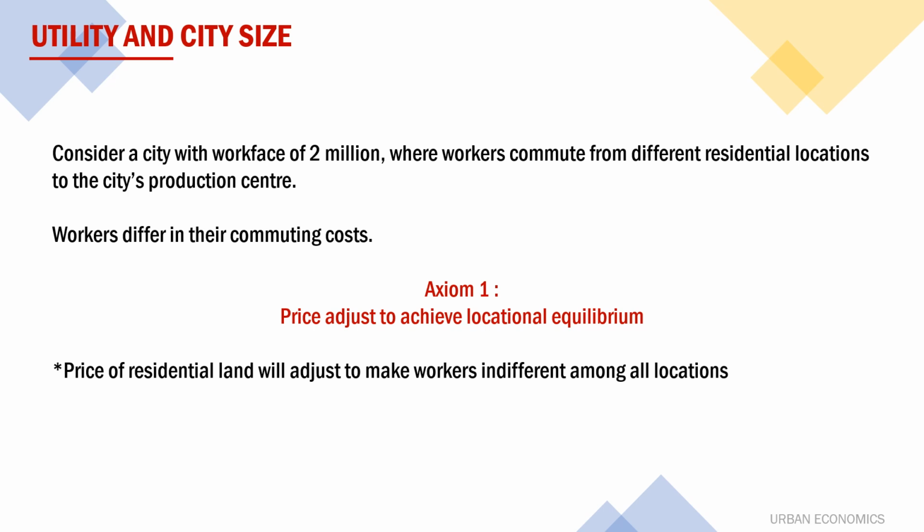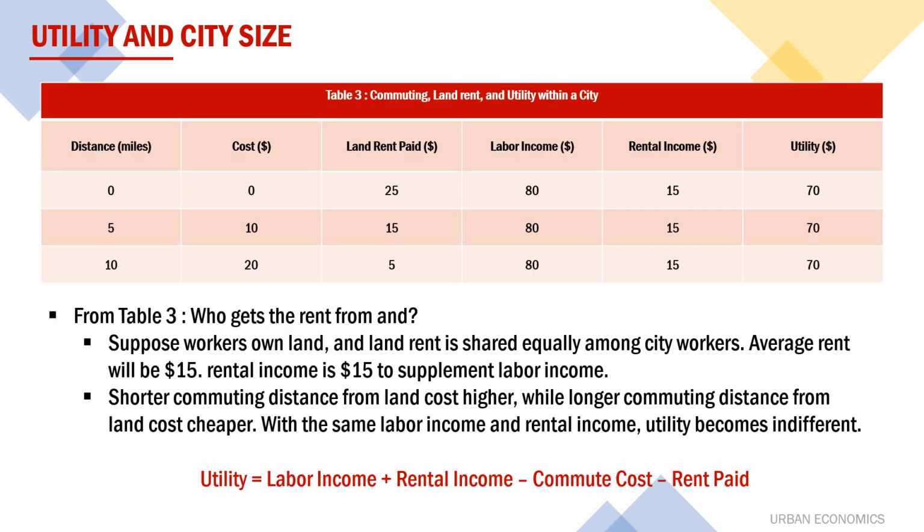So in this case, the price of residential land will adjust to make the workers indifferent among all residential areas. So the table shows how differences in commuting generate differences in land rent.